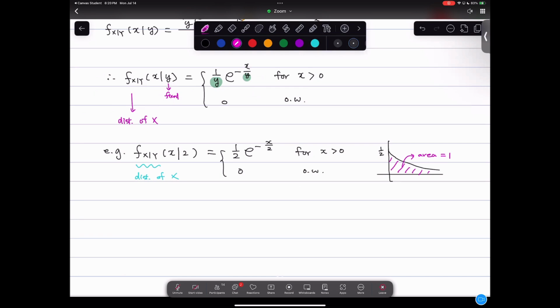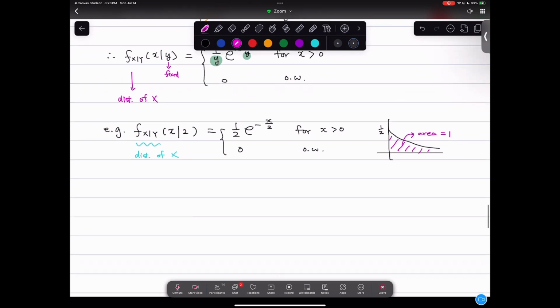All right. So far, you have to be a little careful. What is y? What's fixed? What's not fixed? This is an exponential distribution. We see this pretty often.